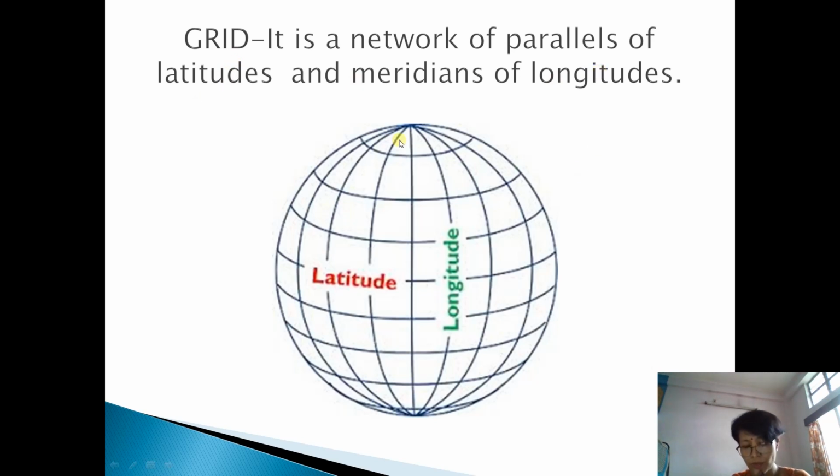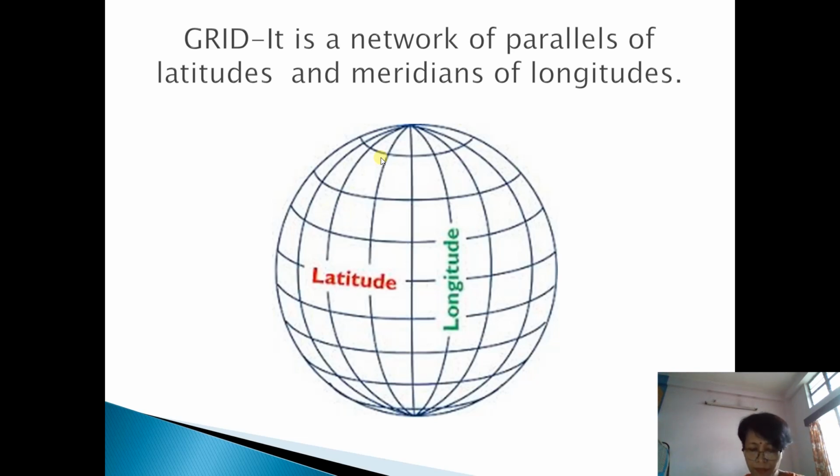So in your book, figure 2.7, you will learn. I'll give all the pictures, but if you don't have the book, you can find from there that one small picture given in your book to make you understand how we can locate different places. In that figure it is very clearly given, it's very easy.